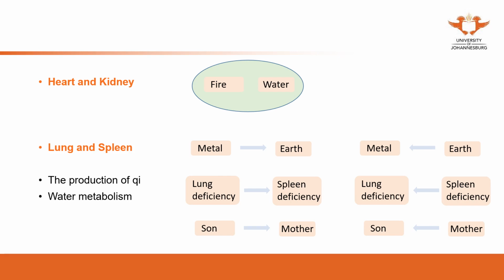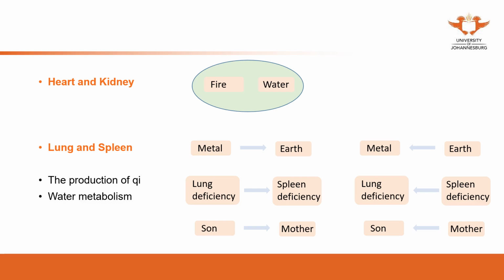The next relationship we are going to talk about is the heart and the kidney. The heart and the kidney is one of the most complicated, or one of the most important relationships among the organs.